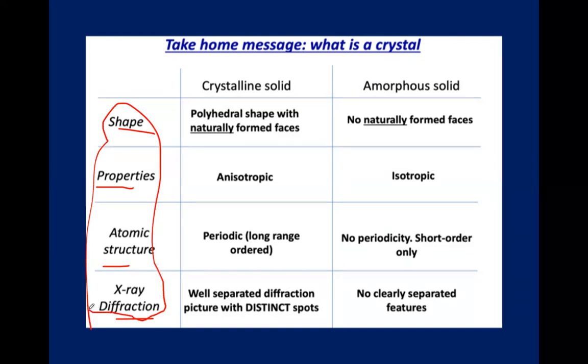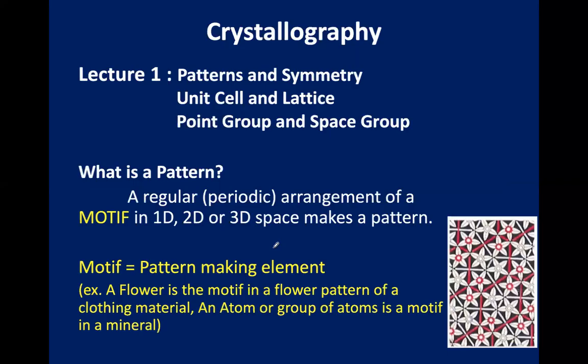So periodicity is very important for crystals, so you have to consider that. In crystallography, in the lecture series, we will be discussing the patterns and symmetry. These patterns and symmetry are very important, so that's why we defined it in advance.